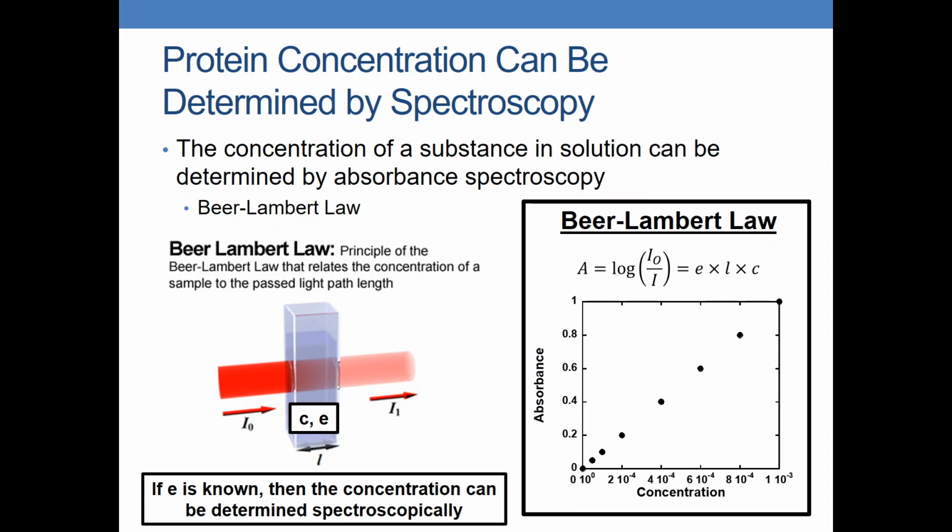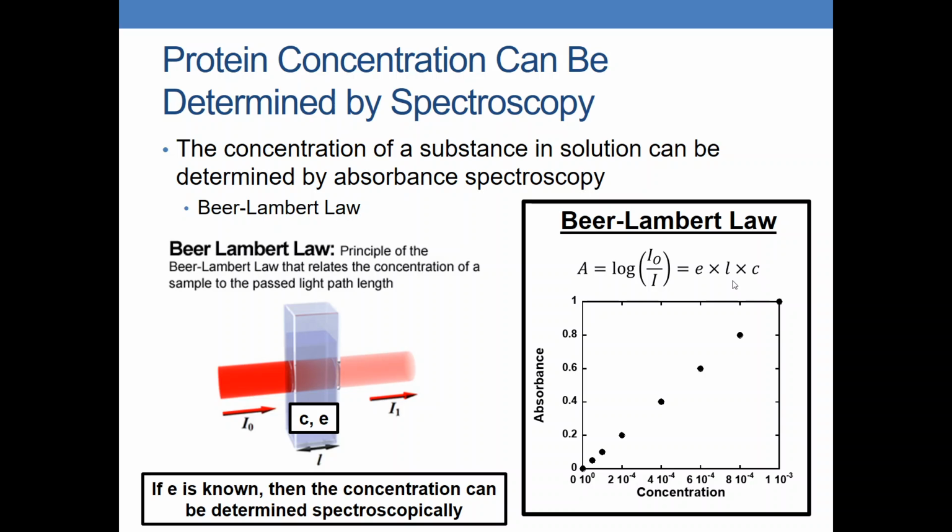In contrast, phenylalanine does not absorb light very well at 280 nanometers, so it has a very low extinction coefficient there. The likelihood of absorbing a photon at that wavelength is very low. So to restate, the extinction coefficient is a probability term that tells you the likelihood of absorbing a photon of light at a very specific wavelength.